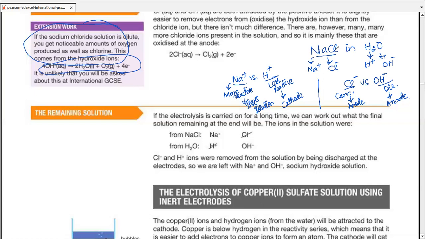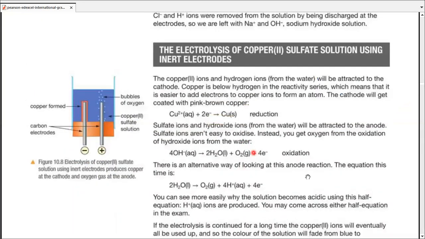Sorry. Good. All right. So the electrolysis of copper sulfate solution using inert electrodes. Now, since you are familiar with solutions, I hope you remember that copper sulfate has a formula of CuSO4.